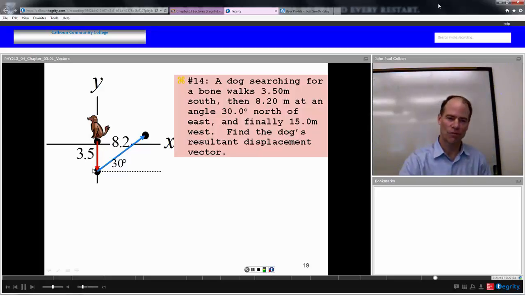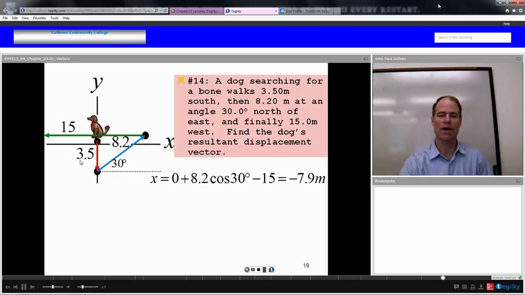And that will have different components, x and y, associated with it. And then my last vector is 15 meters west. So that would be totally in the negative x direction. And that will be my third vector. So we want to find the addition of these three, which would be the resultant vector from the origin to the tip of the last vector.